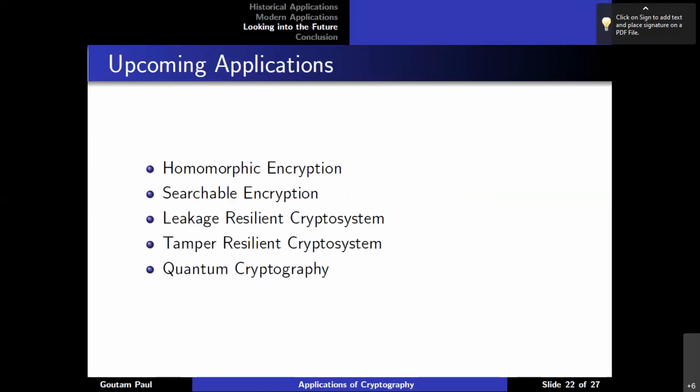Okay. So there are several upcoming applications nowadays for cryptography. One is called homomorphic encryption, right? Some of you may already know this. It means that you want to do arithmetic on the encrypted data. Without decrypting data, you want to add two ciphertexts, right?